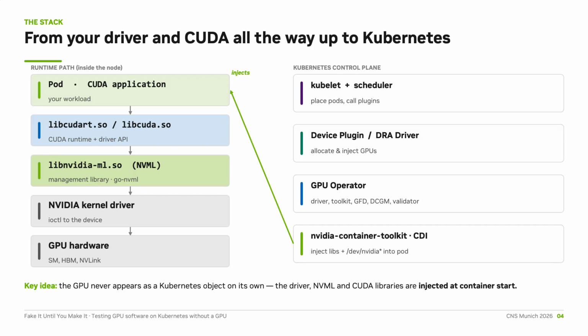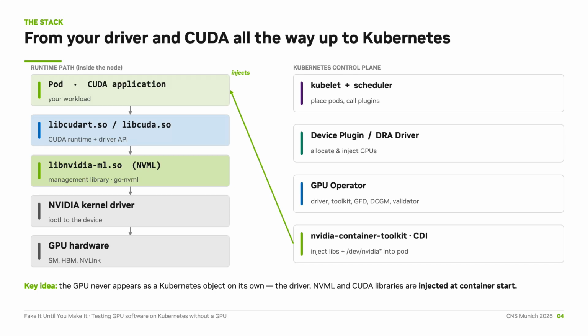When you are mocking your GPU stack correctly, you are not just returning no-op calls. This is everything you need to get your GPUs inside a pod. For the kubelet to allocate a GPU, the device plugin or DRA driver in your cluster needs to tell the Kubernetes cluster that there is a special device or GPU that can be scheduled or allocated.